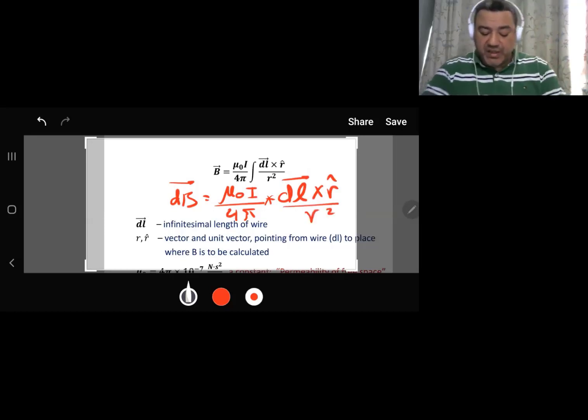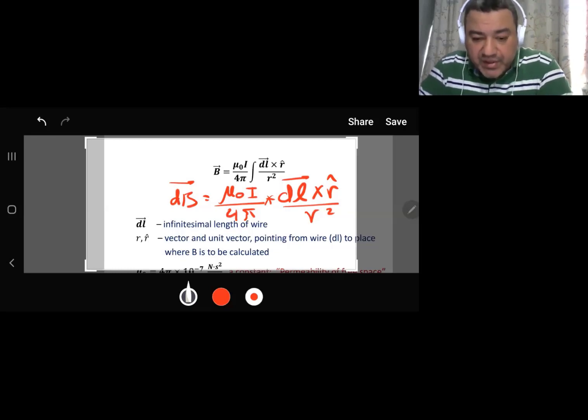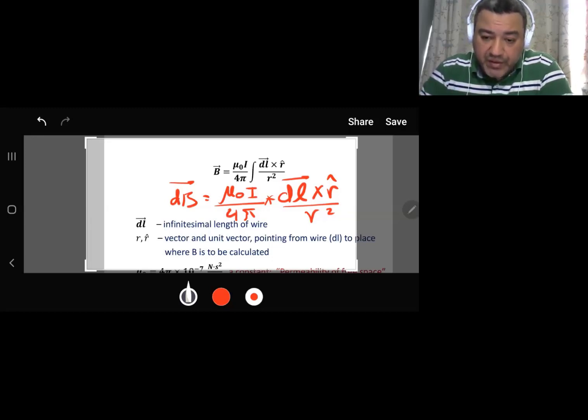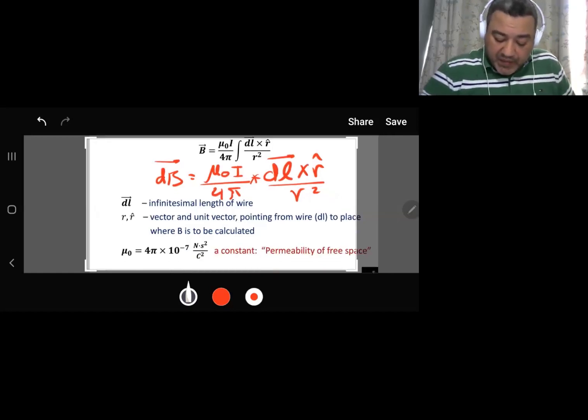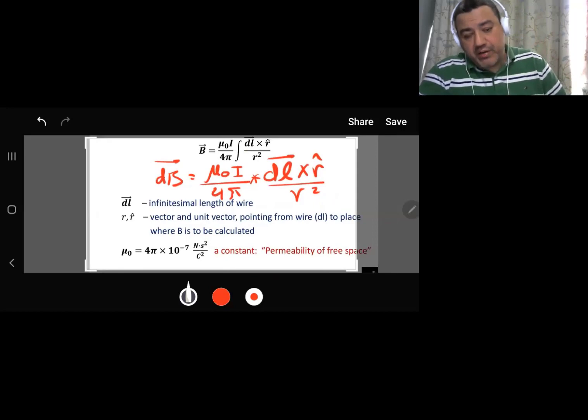So as you can see here, the direction for this field is not going to be along the displacement vector. It will be the result of the cross product between the differential element and the unit vector of the displacement vector. We have seen R, we've dealt with R before in the electric field.